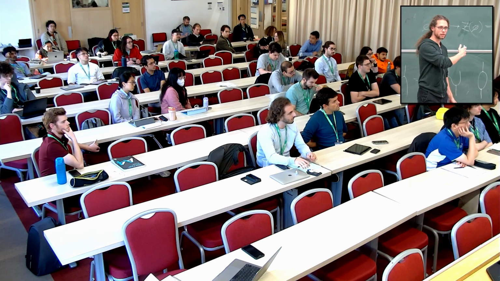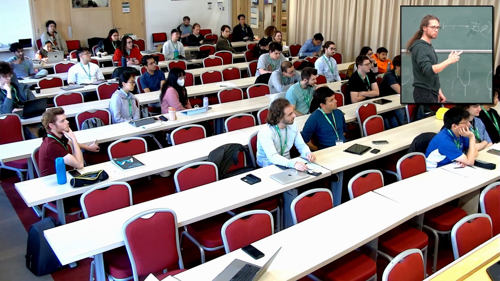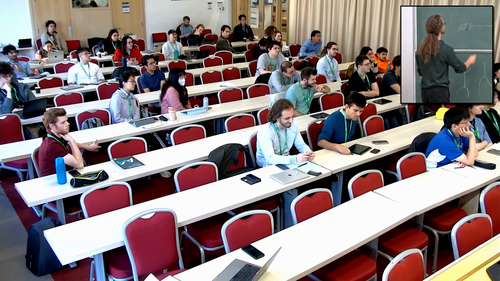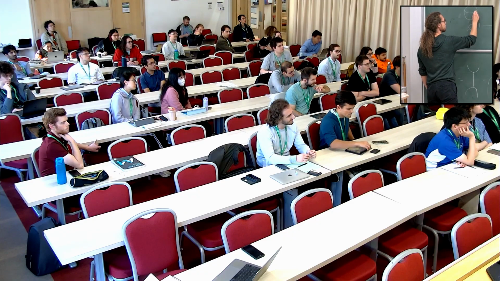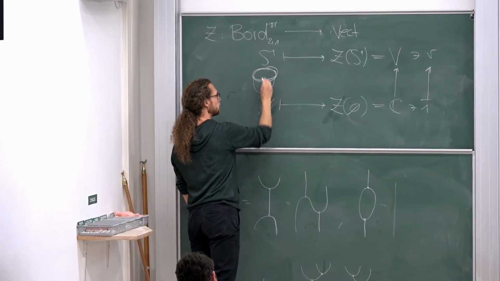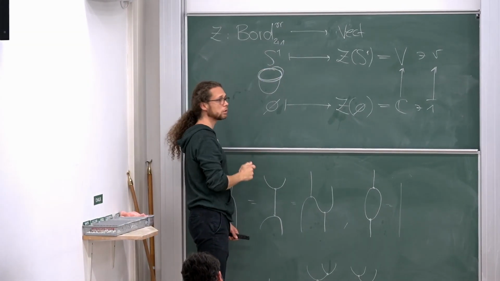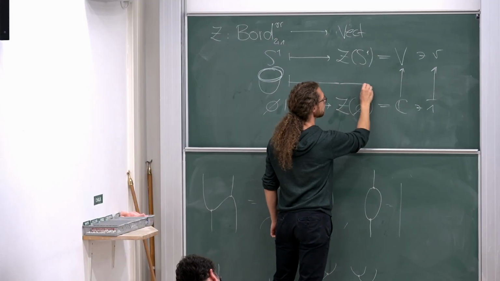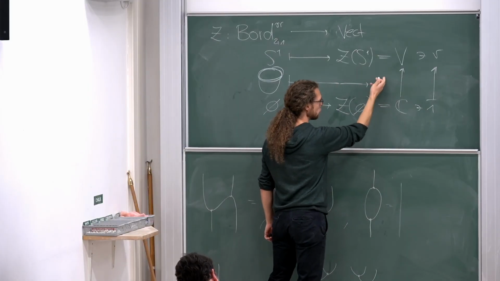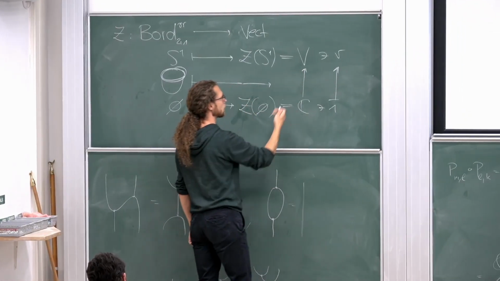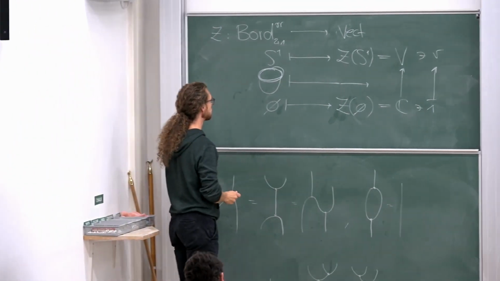Is it okay if I go on about this for a little bit, because there's more than 3 people in the room? So you were talking about the disk like this, which I think of as the cup from 0 circles to 1 circle, and as you say, this is sent to the unit over here. So it's the unit of the underlying commutative Frobenius algebra.